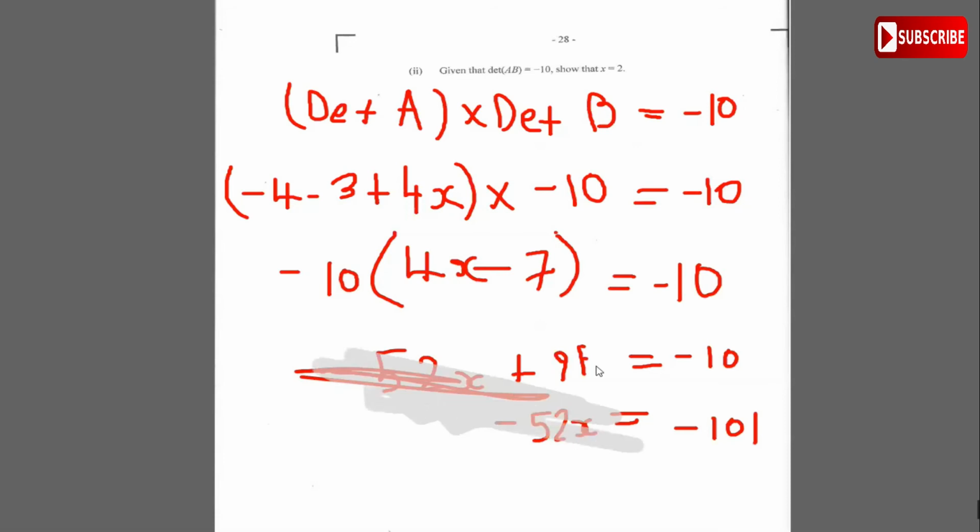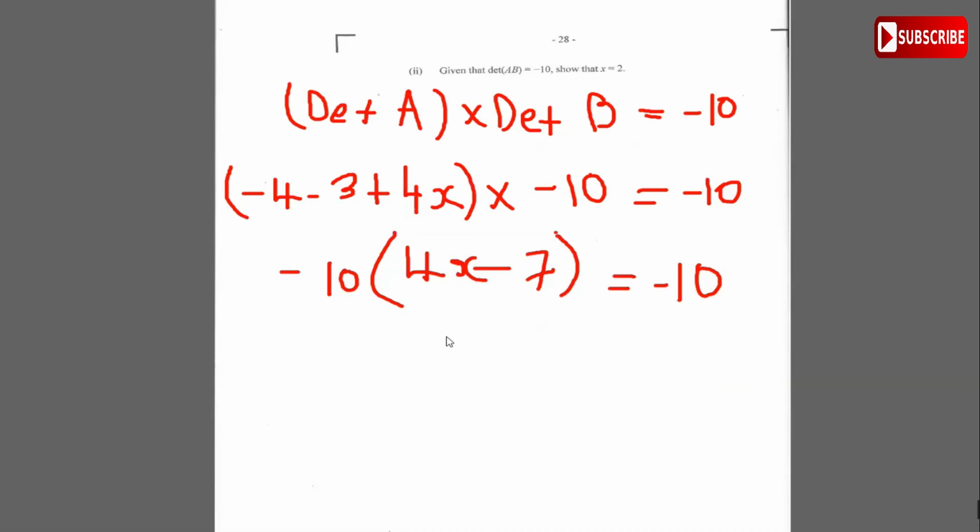Then I'm going to get 4x minus 7 is equal to 1. So divide through by minus 10, I'm going to get 4x minus 7 is equal to negative 10 over negative 10.